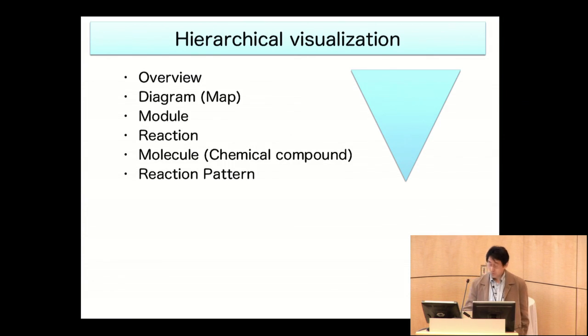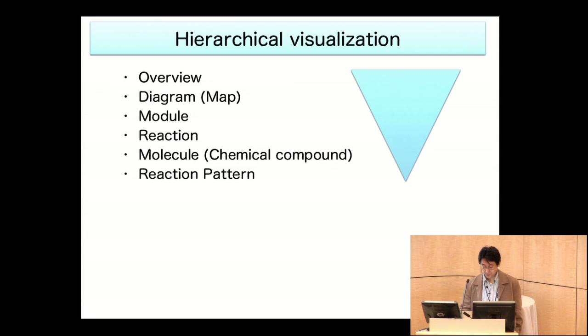The first one is hierarchical visualization, and we organize our database into roughly 6 levels of abstraction. The top level is the overview, like the previous slide, and the bottom is molecular reactions, molecules, or chemical compounds.